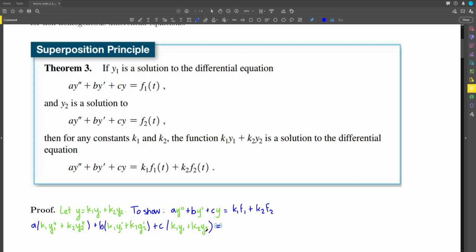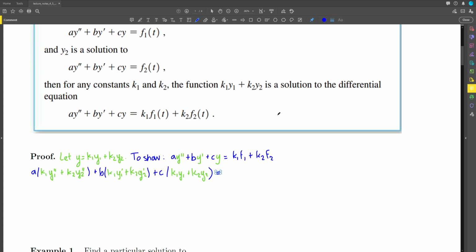So let's reorganize that a little bit. I want to organize it so that I have all the y1s together and all the y2s together.